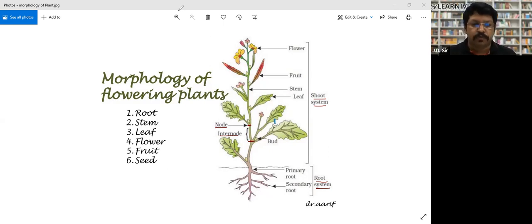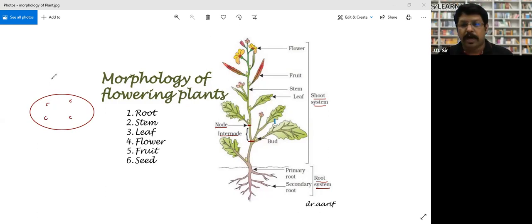Now I have a question for you. Since childhood we are studying that potato is a stem, right? And everybody of us has been told that potato is a type of underground stem. I want to ask you how you can prove that this potato is a stem.